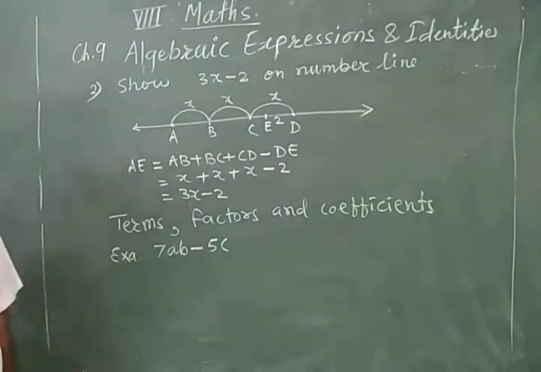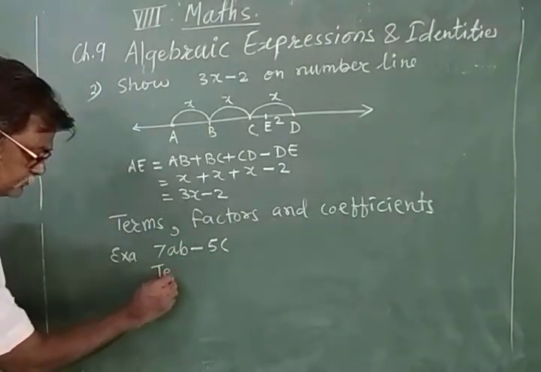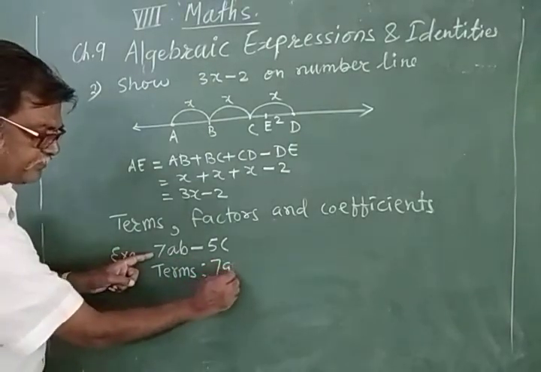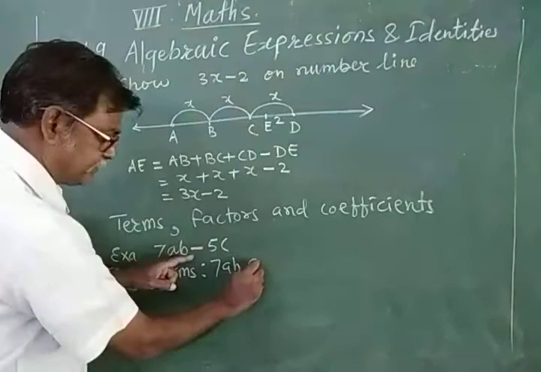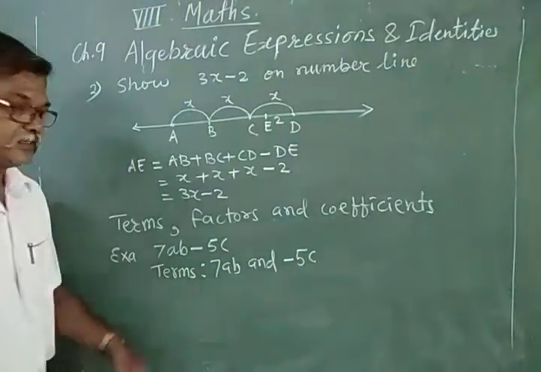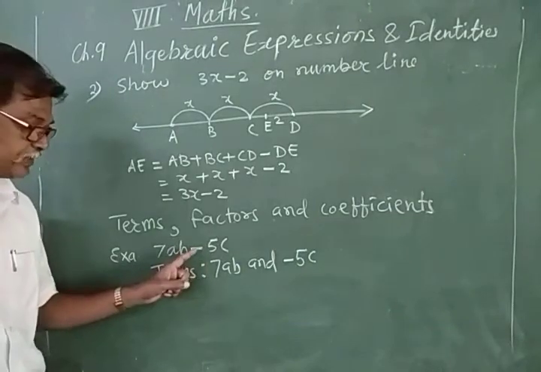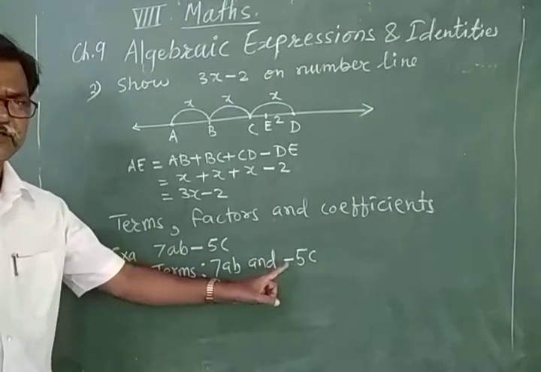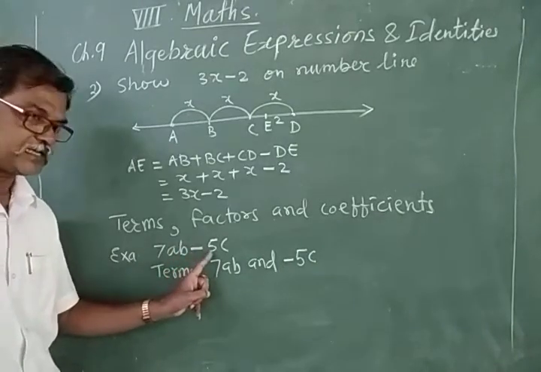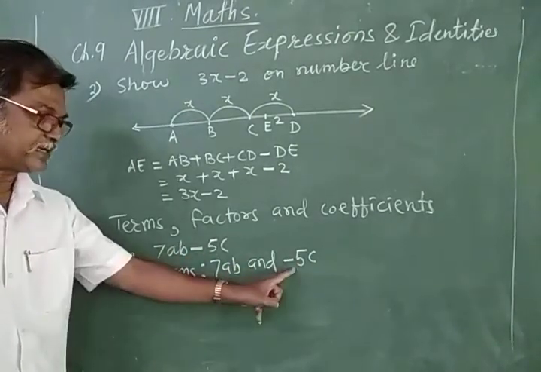How many terms are there? Terms will be 7ab, one term, and another term is minus 5c. We have to write the sign also. If it is plus 5c, no need to write plus, but it is minus 5c, so it is plus minus 5c. That's why it is minus 5c.